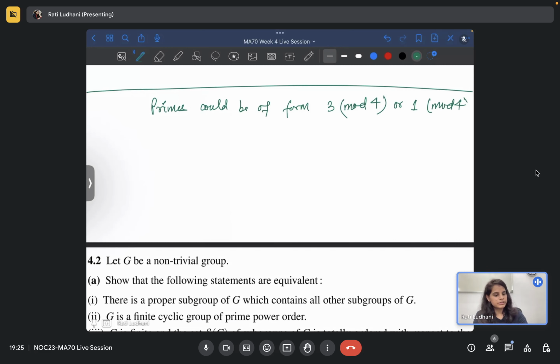So there is this interesting question. We have proved by Euclid's proof that there are infinitely many primes of any type, without separating the cases 3 mod 4 or 1 mod 4.